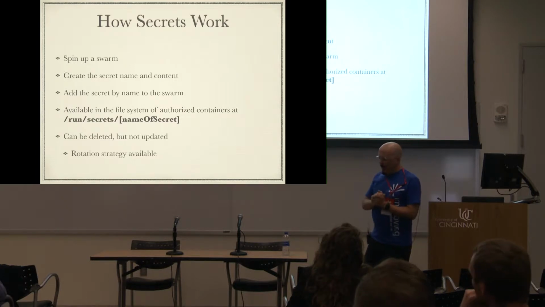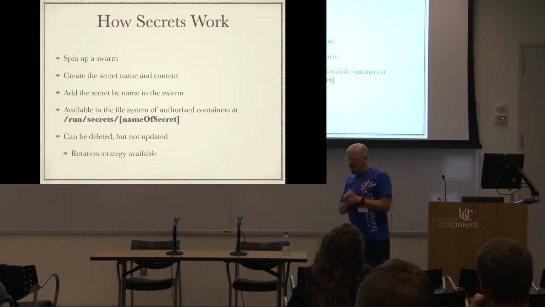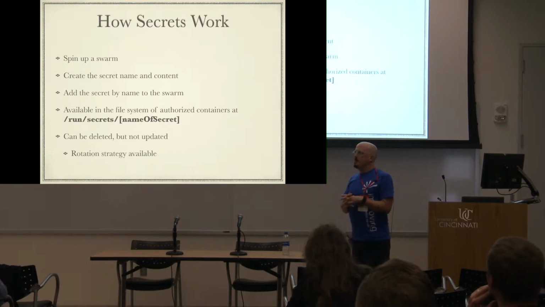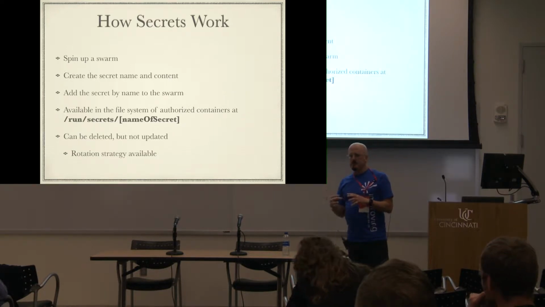You can create a configuration file called Docker Compose, which defines what containers are going to run in the swarm and which of those containers has access to the secret in question.